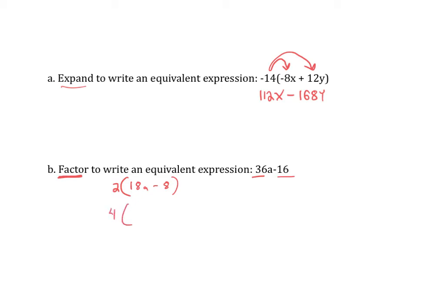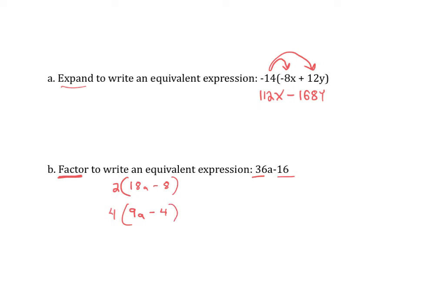So 36 divided by 4 is 9. So I could say that I have 9a. And then negative 16 divided by 4 is negative 4, so that would be minus 4.